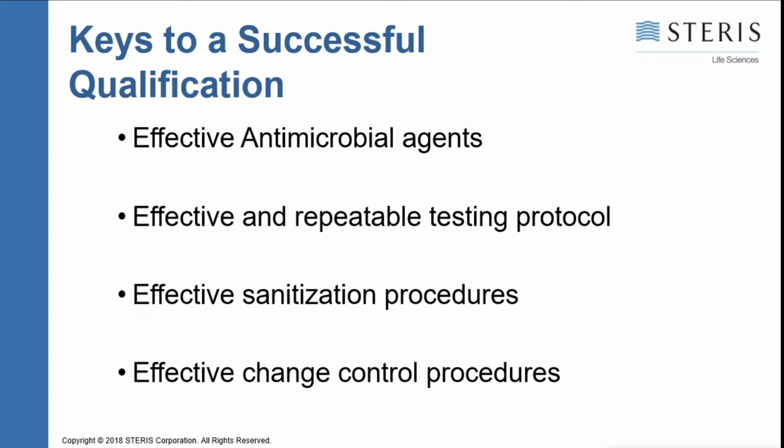If there are any changes in procedures, new operators, new equipment in the room, or new flooring, you need to go in and take a look at your environmental monitoring data and see if anything has changed and if you need to include some new microorganisms in your coupon or suspension testing.